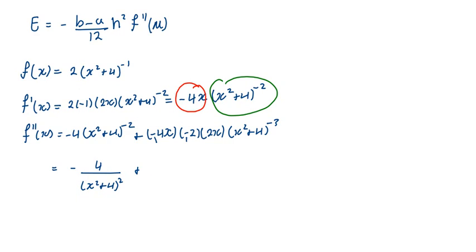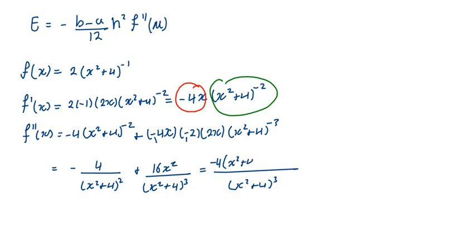So that's 16x squared divided by x squared plus 4 to the power 3. You can write this as a single fraction. The common denominator is x squared plus 4 to the power 3, meaning here we're going to have minus 4 multiplied by x squared plus 4, then plus 16x squared.